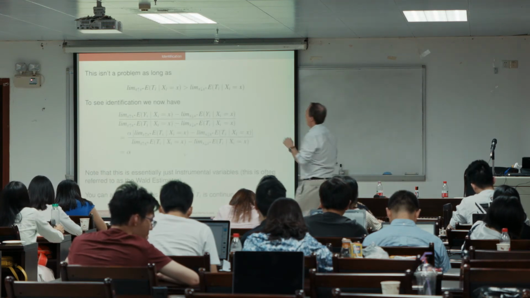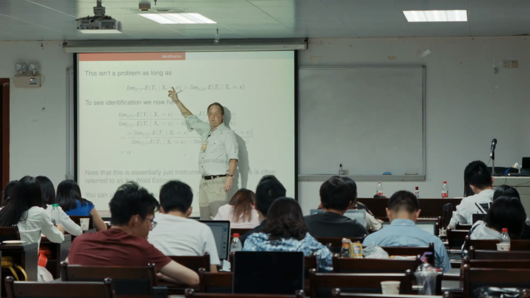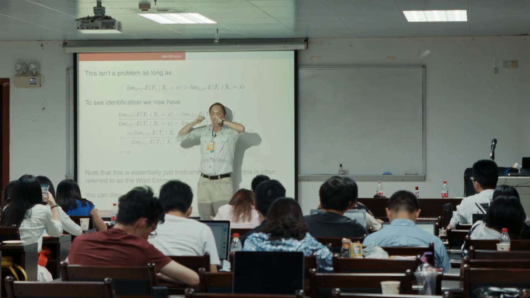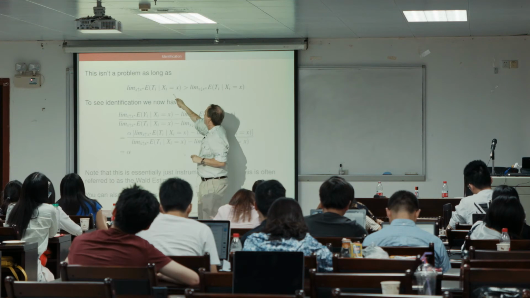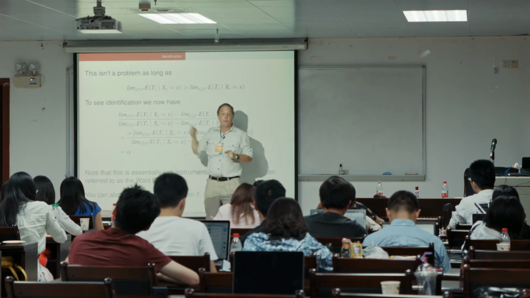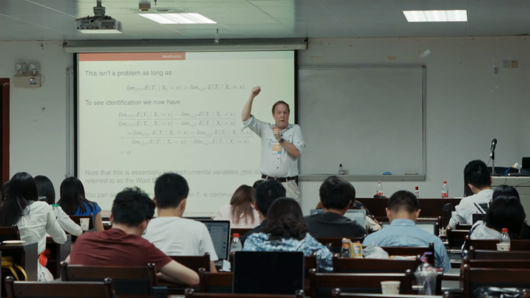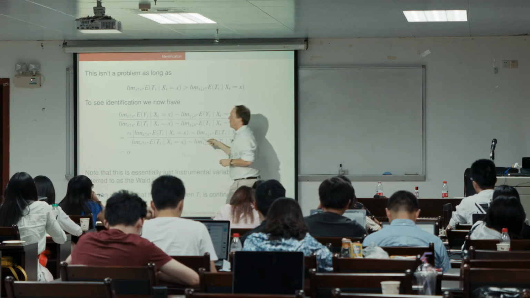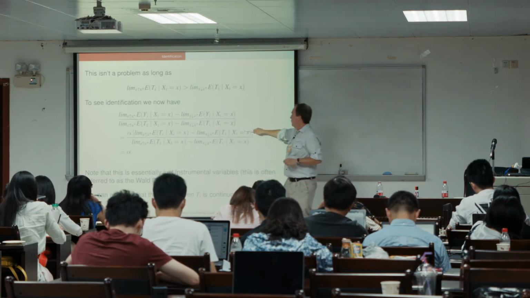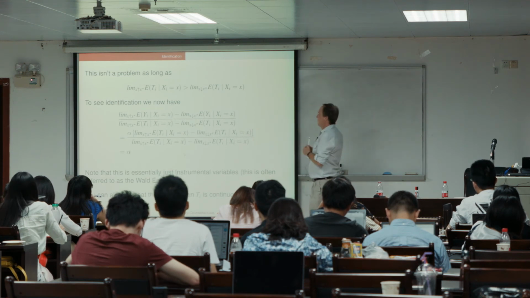That is, as long as the probability of getting the treatment when you're just below the line is strictly smaller than the probability of getting the treatment where you're just above the line, it's still going to work. It's just you're going to take a ratio rather than just look at the numerator, which is what we were doing before.